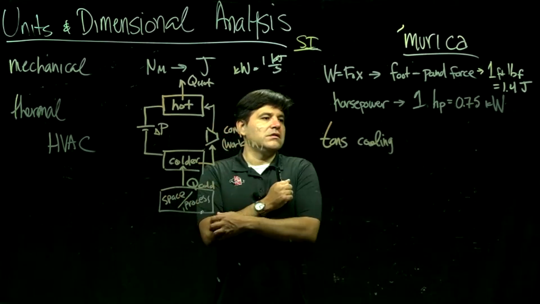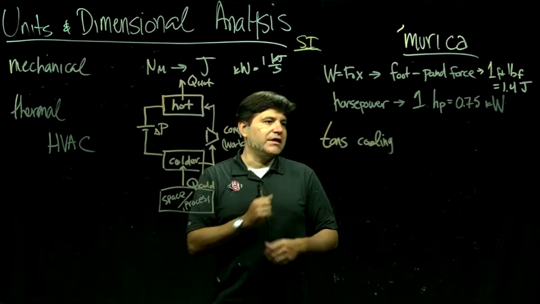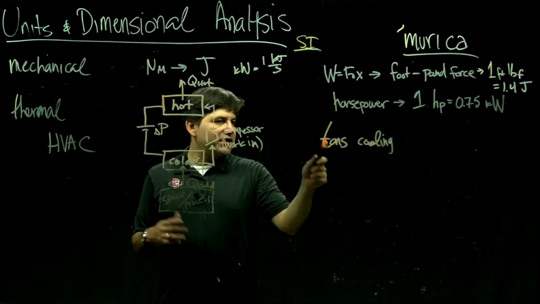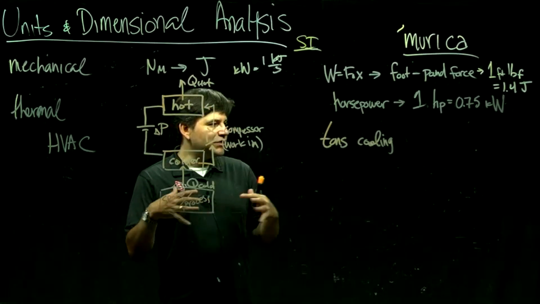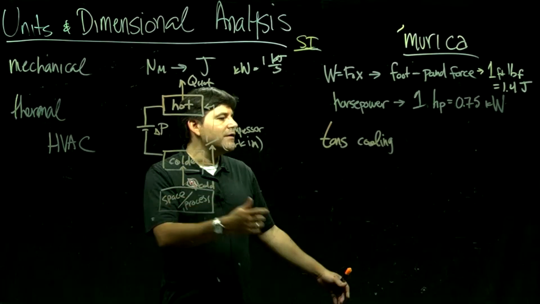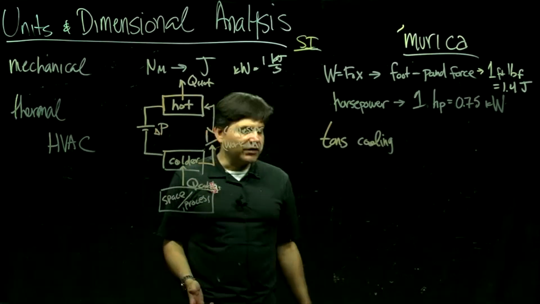The old calculation was, this can make this many tons of ice, like an ice house. You centralize this refrigeration cycle to make ice, then you can take that ice elsewhere. That's how it used to be done.